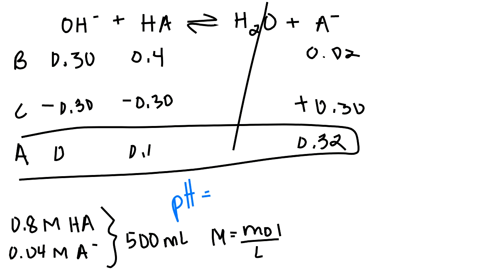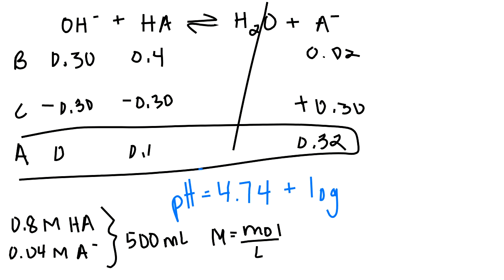So we take the negative log of the Ka, which was 1.8 times 10 to the negative 5, and that gives us 4.74, plus the log of our base over acid.